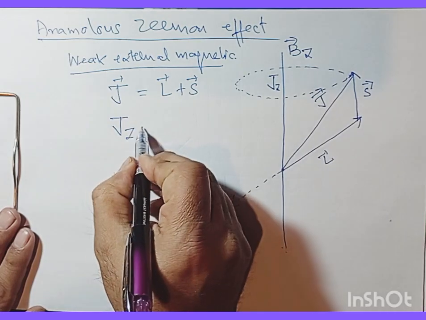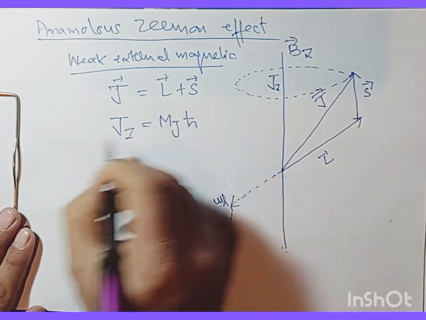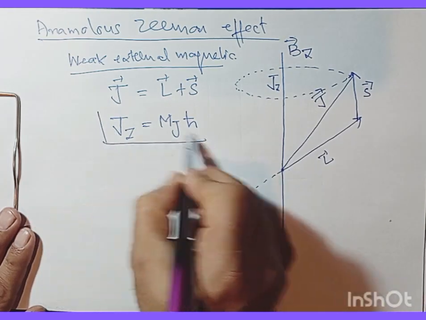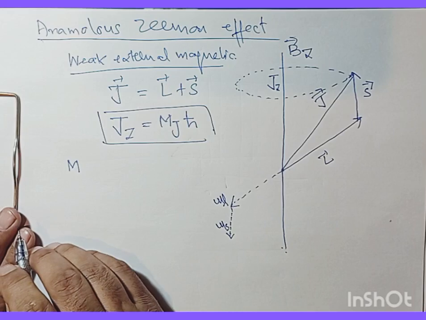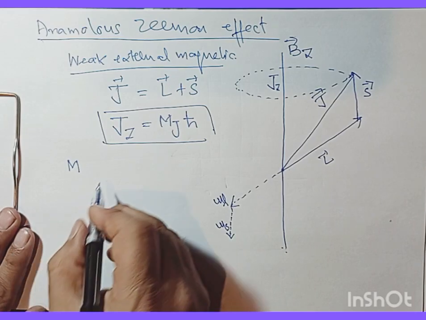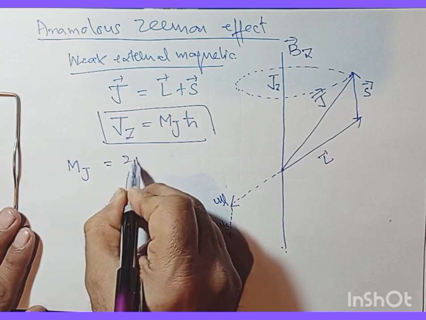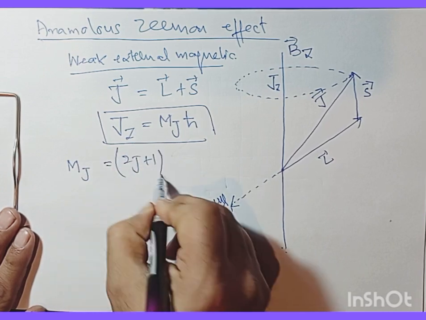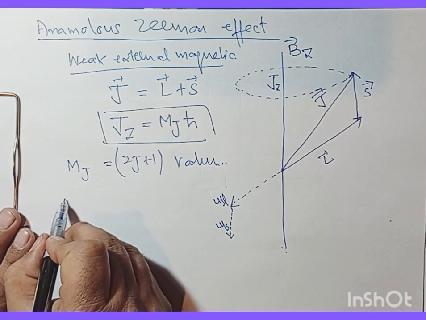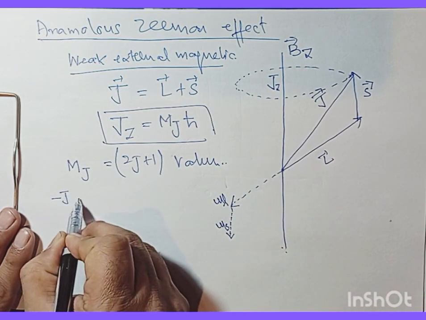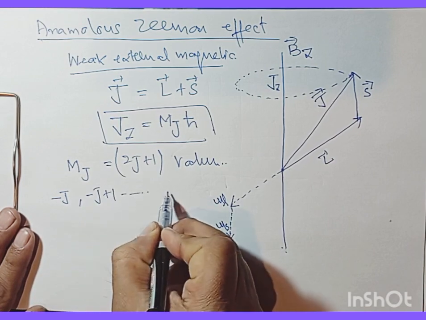This Jz will be simply mj h cross, and this mj is the total magnetic quantum number, and this mj will have 2j plus 1 values, or we can say that the values will range from minus j, then minus j plus 1, and so on and so forth, up to plus j.